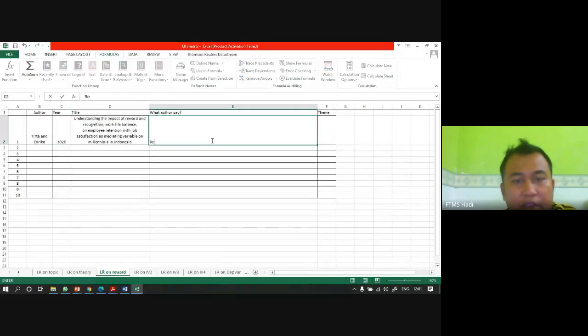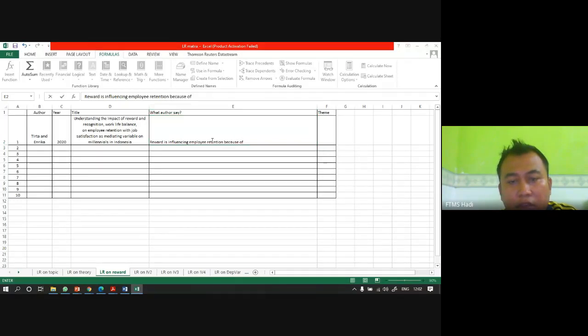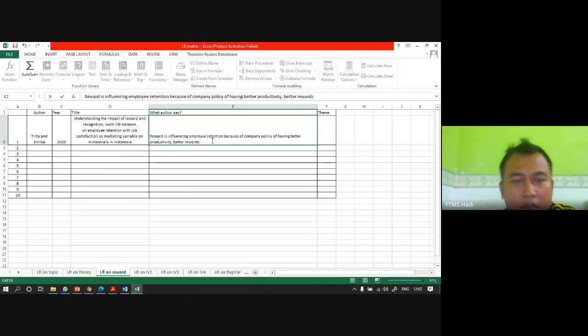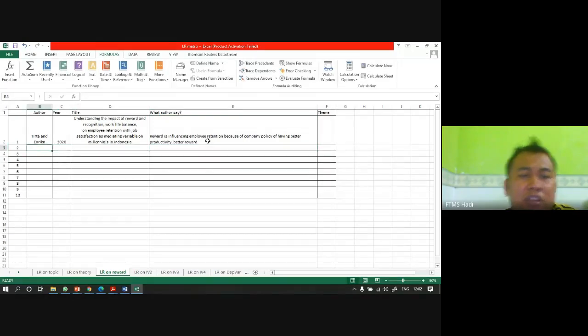So what the authors say is that reward is influencing employee retention because of company policy of having better productivity, better reward. One author, one saying, that's it.